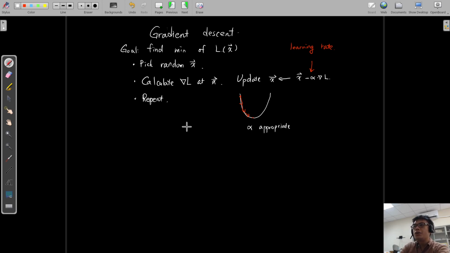But if you choose alpha too small, for example 0.00001, then in that case, it is going in the right direction, but way too slow. This is too slow.